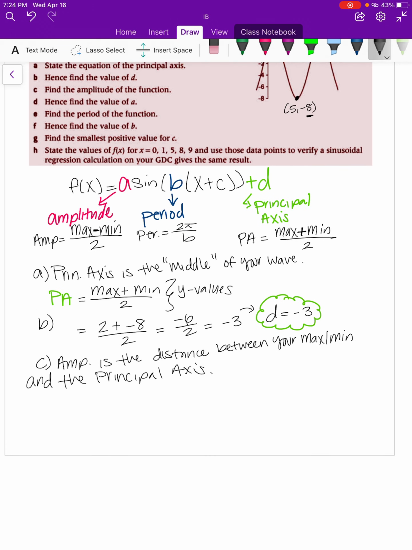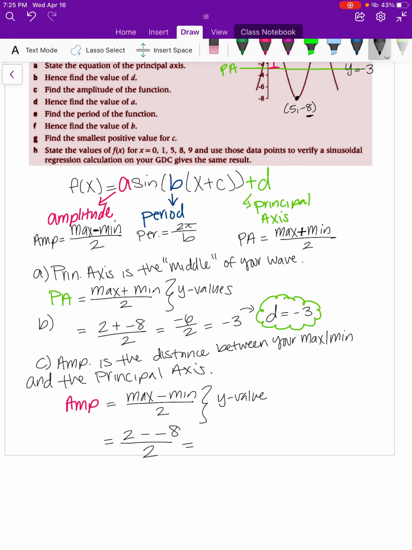So your maximum was 2, or the y value of your maximum was 2, minus the y value of your minimum, which was -8. So this will give us, although we're using the same numbers, a different value because we're subtracting this time. I know 2 negatives make a positive, so this becomes 10/2, which is 5, which means my A value is 5, my amplitude.